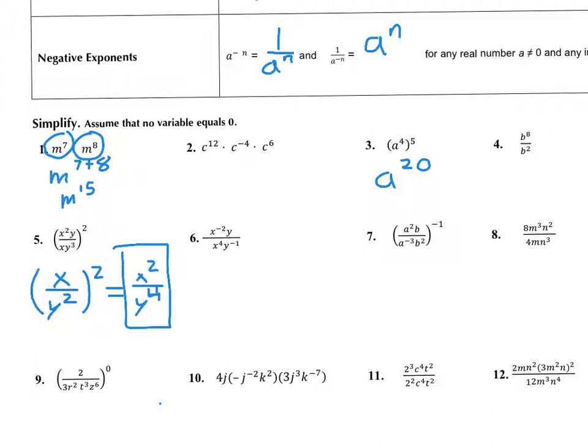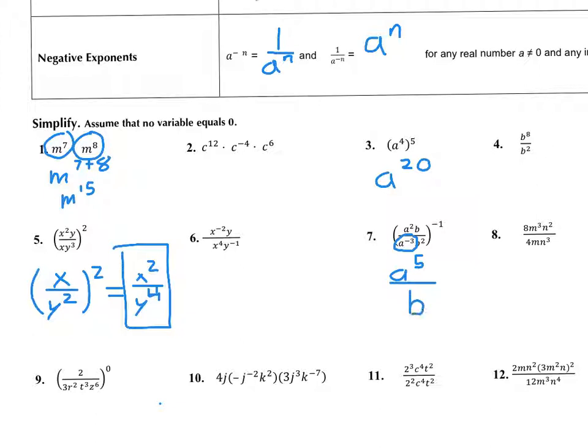Okay, on number 7, let's simplify first. So these a's can move to the top. And when they combine with the two a's that are already there, that makes 5 a's. There's b to the first on top, b to the second on the bottom.